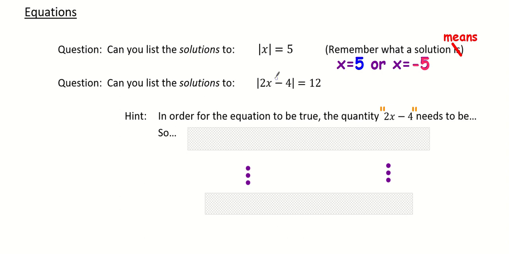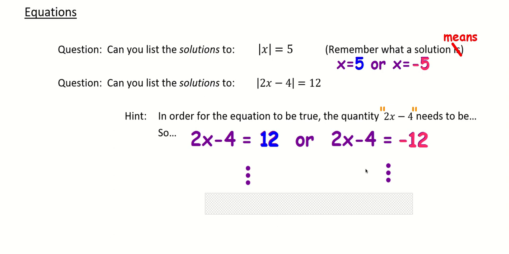Or this whole thing could be a positive 12 and it would work out. So this is what you literally write down. Okay, so here's going to be the routine. We can drop the absolute value and just set this 2x minus 4 equal to positive 12 or negative 12. Those are the two different ways for this to work.